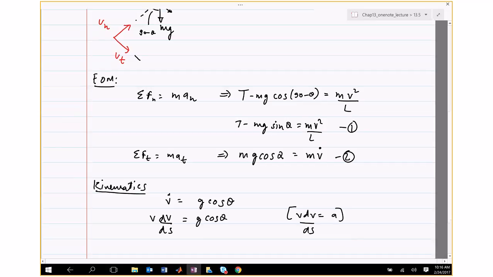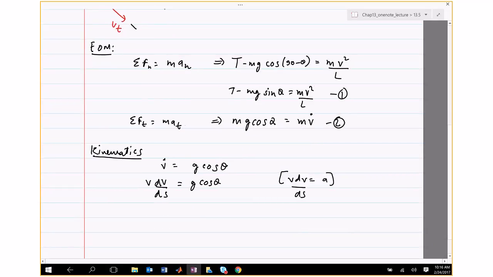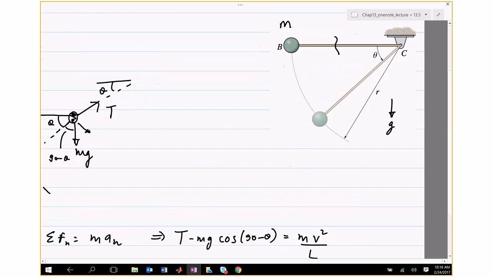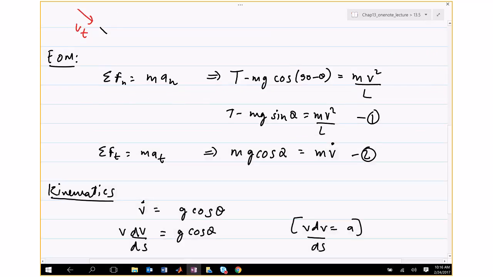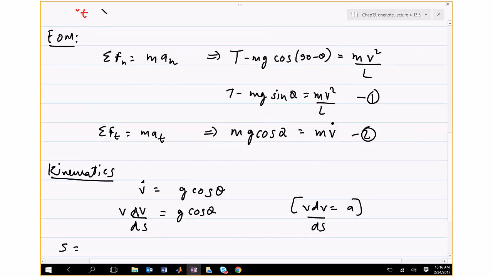Now I cannot quite integrate that because I have theta and then there's s. But s and theta are related. What's s? S is basically the arc length. It's the motion of the particle, the bob. So can you find a relation between s and theta? The radius is L and the angle is theta.